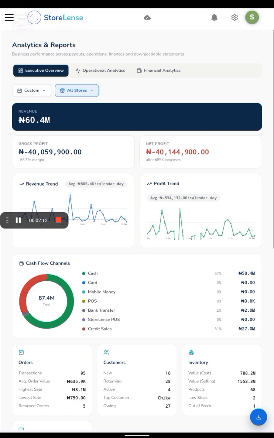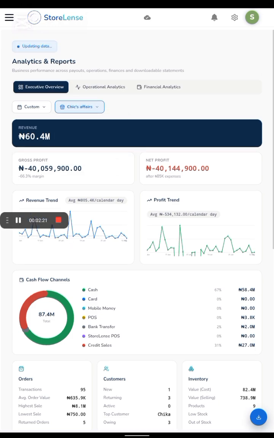So the data has been loaded, and we can choose any of the stores that we want to check. So let's say check Safes. Wait for it to load up the data and then tell us.